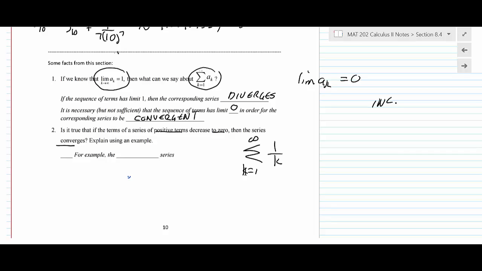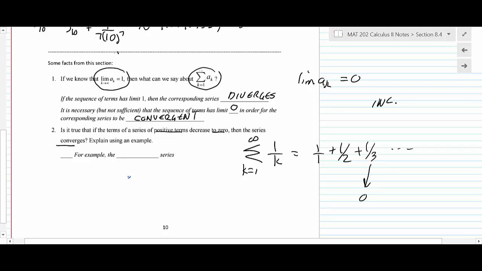Do you remember what we said about the harmonic series? That it diverges. The harmonic series would be 1 plus a half plus a third and so forth like that. That is one of the ones that has been proven to diverge. So if you have a series of positive terms that decrease to 0, so you can tell that the nth term is going towards 0, if you go way out here, you would have 1 over infinity going to 0. Does that mean it converges?